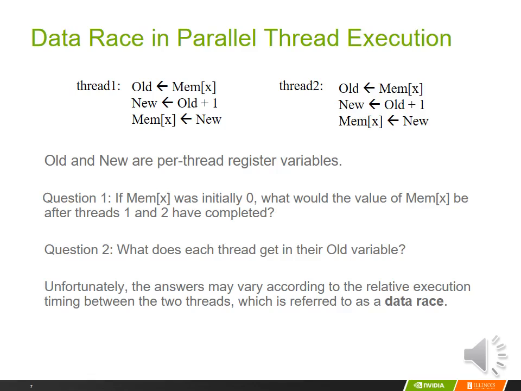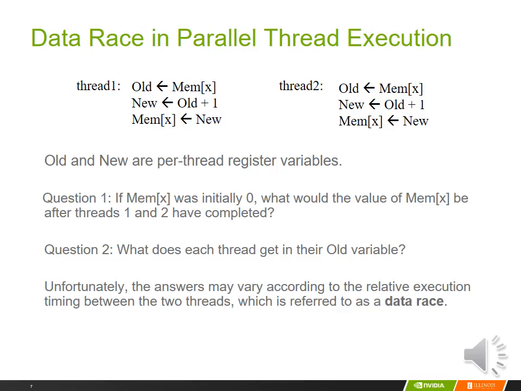In each case, the thread will attempt to load the old value from memory location X, add 1 to it, and write the new value into the memory location X. There are two important questions about the outcome of this piece of code.